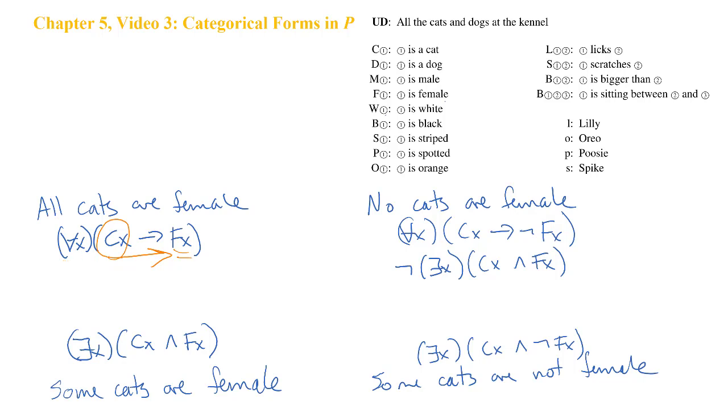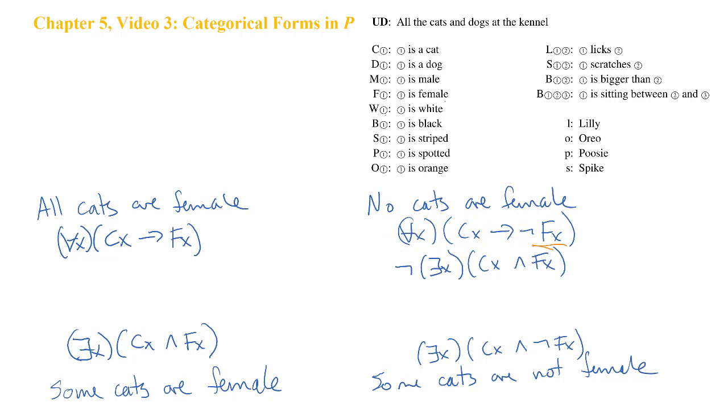And you can see that at work over here too. When we want to say no cats are female with the universal quantifier, we say of everything in the universe of discourse, if it's a cat, then it's not female.